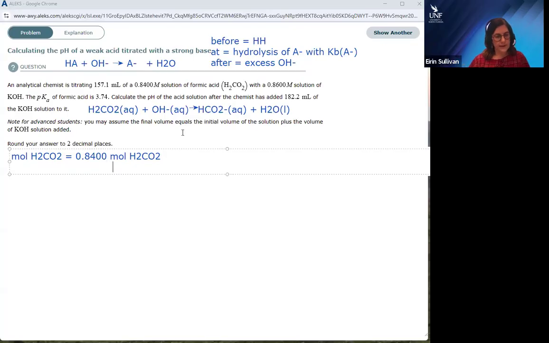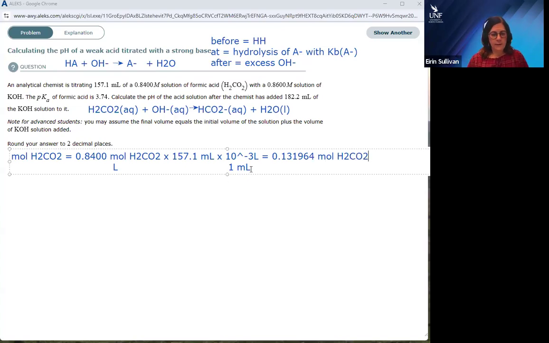So that's moles per liter. The volume that we started with was 157.1 milliliters, which we're going to need to convert to liters. 1 milliliter is 10 to the power of minus 3 liters. So milliliters cancels, liters cancels. That gives me my moles of formic acid, and I get 0.131964 moles of my weak acid.